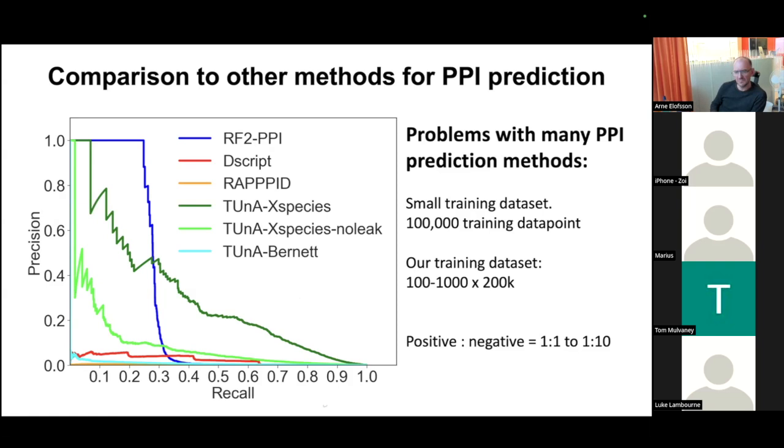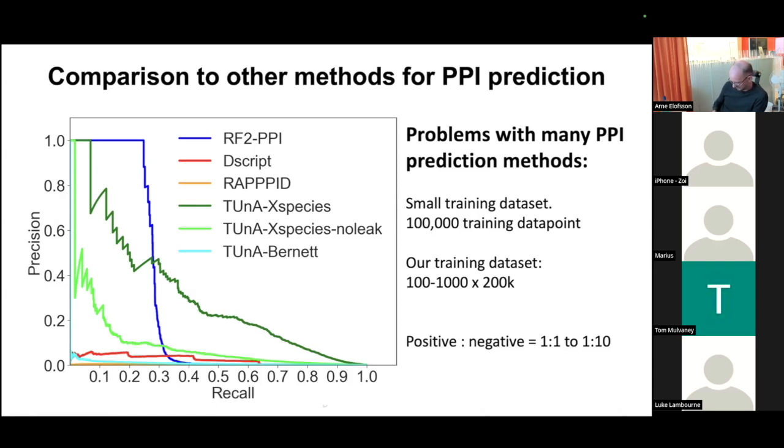So I think there's some general difference in how we do PPI prediction and how machine learning people do PPI prediction using large language models. Usually they take the ESM embedding and convert it into a PPI prediction tool. The problem is they usually train using the fact of whether two proteins interact.